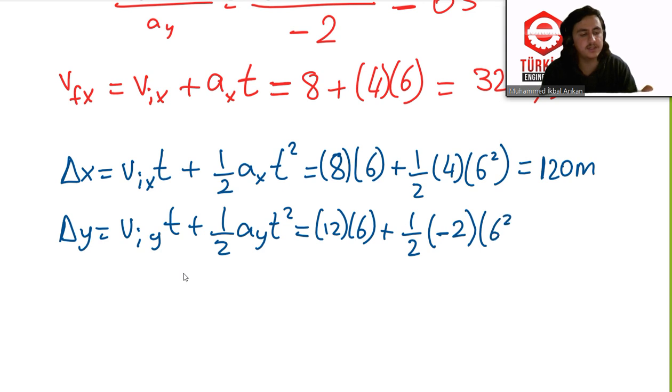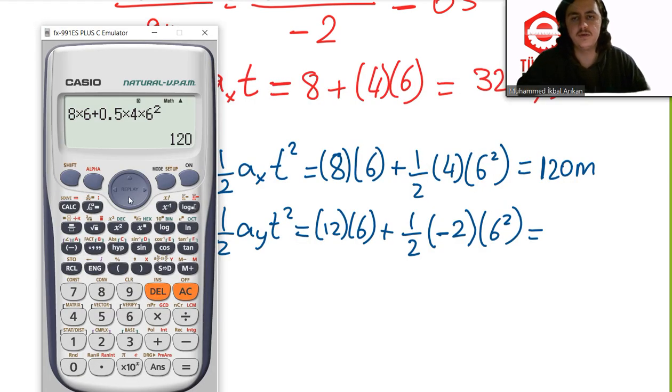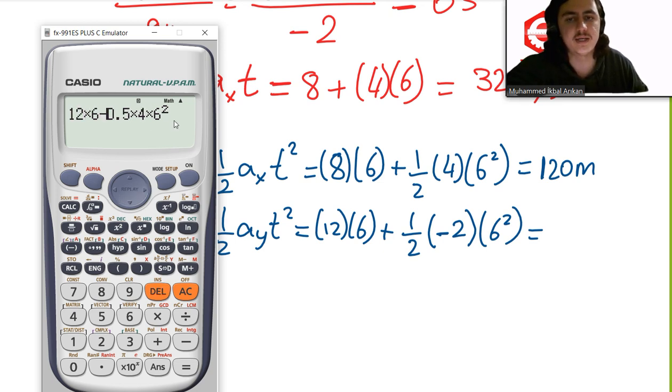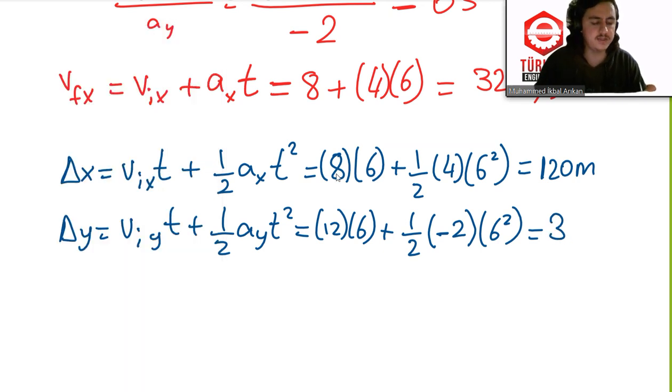The time is 6 again, so instead of 4 I will put minus 2, and you will get 36 meters.